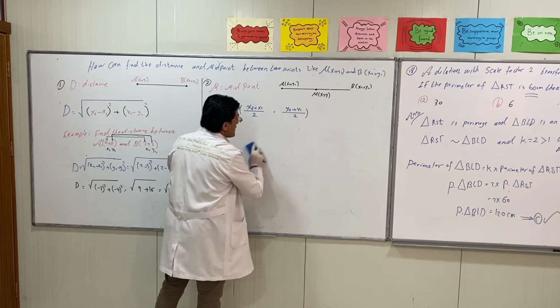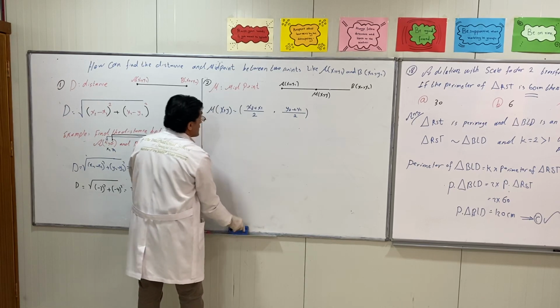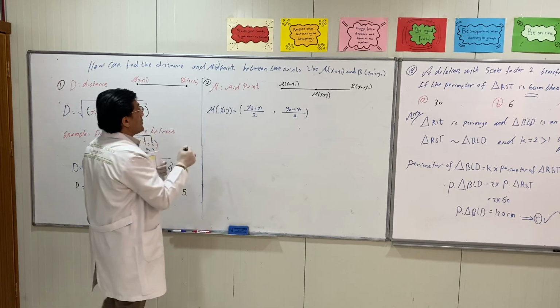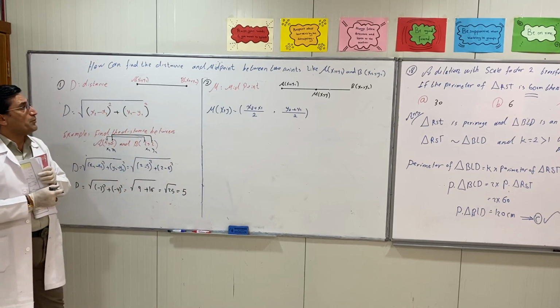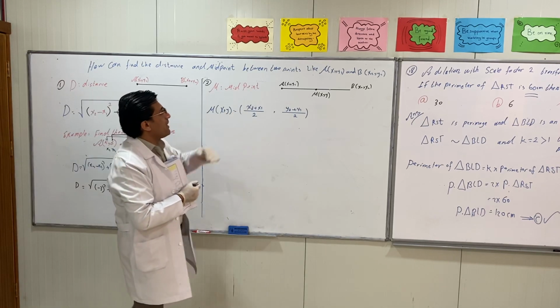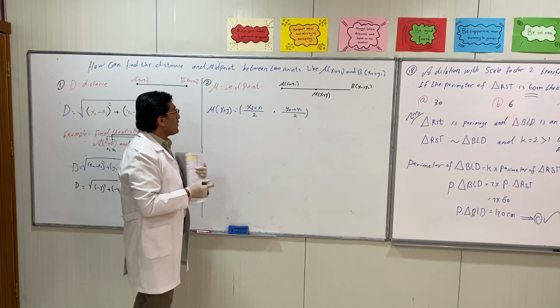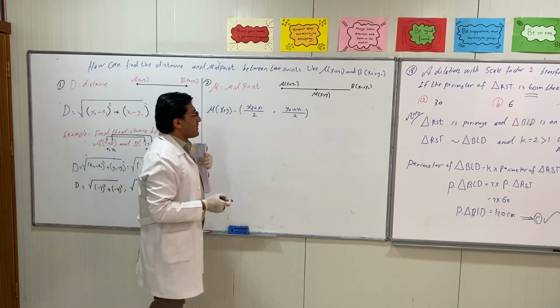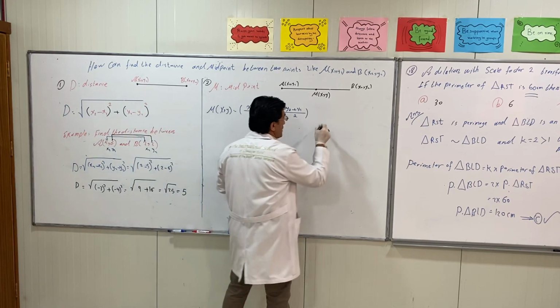Now the second subject: not distance, but the midpoint between two points. I said the midpoint is M. So how can we find M? Before any examples, you should know about two points.